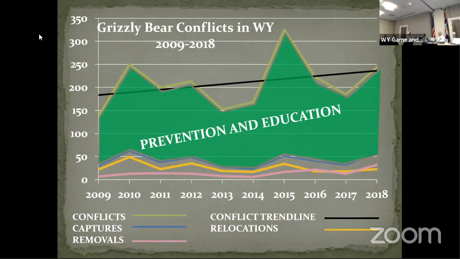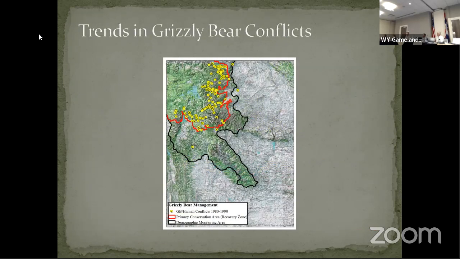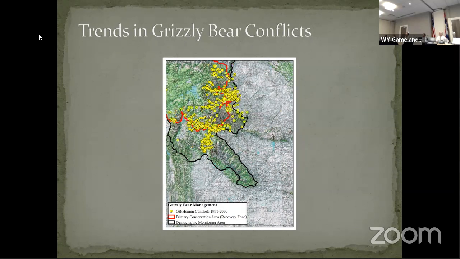And I'm just going to run through a quick little set of slides. This is decade by decade, the number of conflicts that we're dealing with in Wyoming, as far as grizzly bears go. So here's 1980 to 1990. You can see the distribution of grizzly bear conflicts.